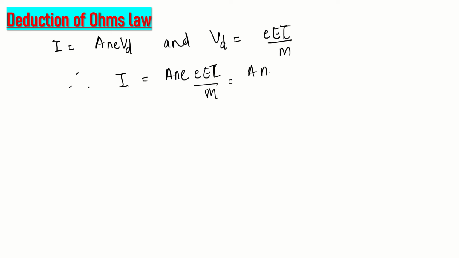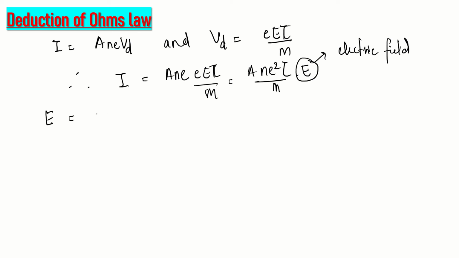Now this is going to be n A e squared τ by m into E. And this E is the electric field. E is equal to V by L. L is the length of the conductor, so therefore I is equal to like this we can write.